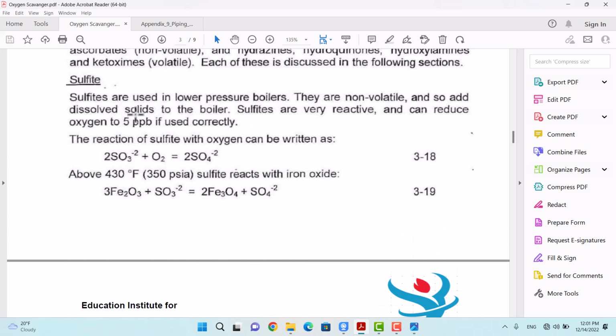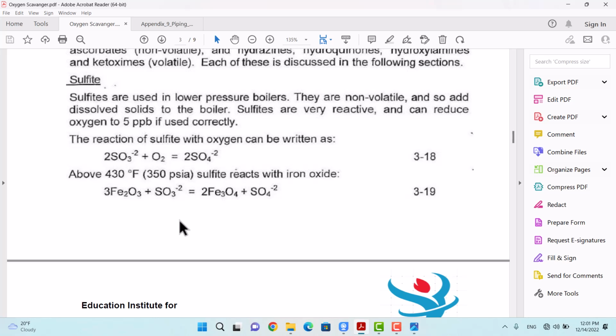So, let's wrap it up and summarize. Sulfites are used mostly in low pressure boilers. They are non-volatile and they are very active, especially at high temperatures. And these are the reactions.